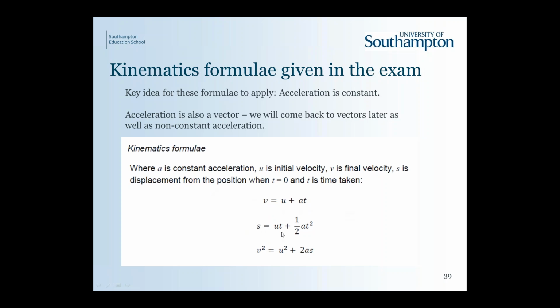So s equals ut plus a half at squared. That one seems to stick. They always seem to remember that one when we do the as. And then v squared equals u squared plus 2as. There are also two other equations, but they can be formed from these, so they're not strictly necessary to know.